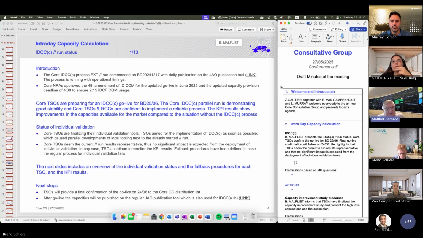It is surprising how streamlined we are now, and how well we are able to do subsequent processes. I was expecting, when we go live so quickly with IDCCC, that we would see many more operational problems, but it has been very limited. So really very good work by all individual TSOs to make this work so well.